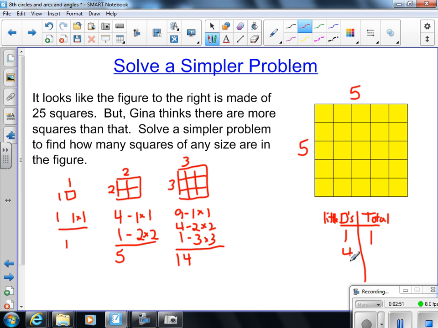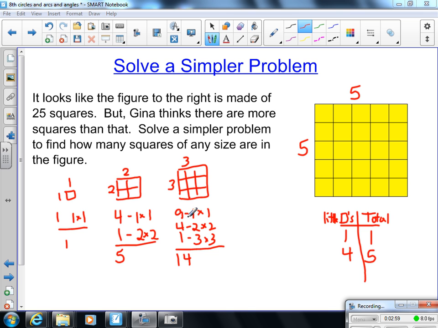Okay, 4. How many do we have all total? 5. Okay, this one, how many little squares? 9, but we had a total of 14.